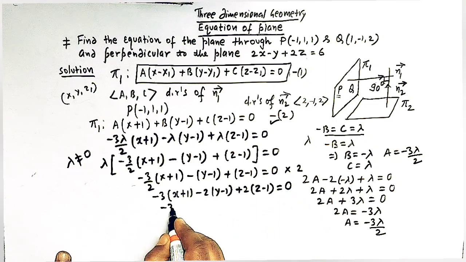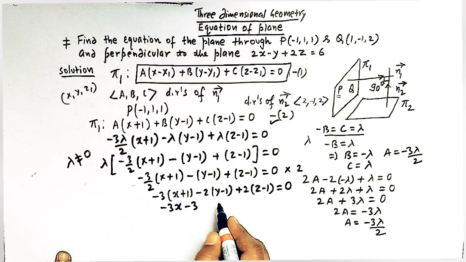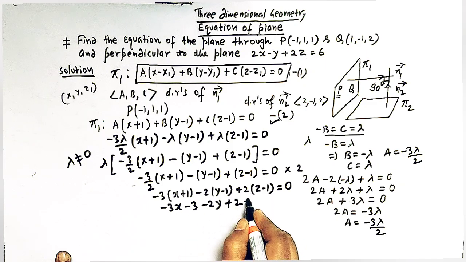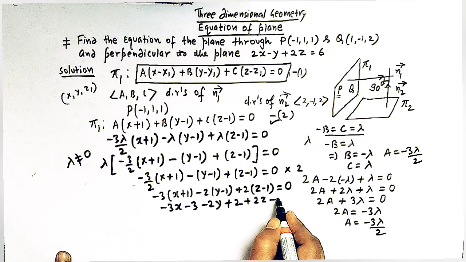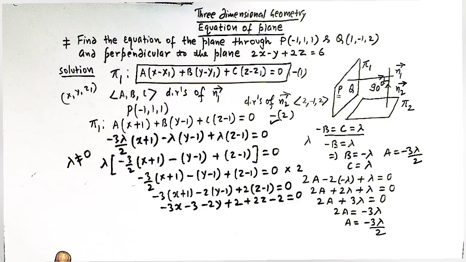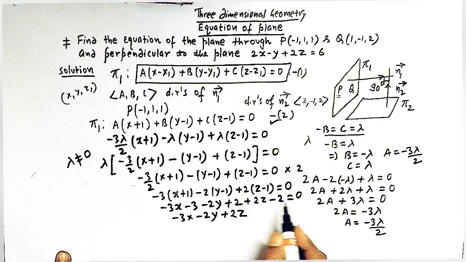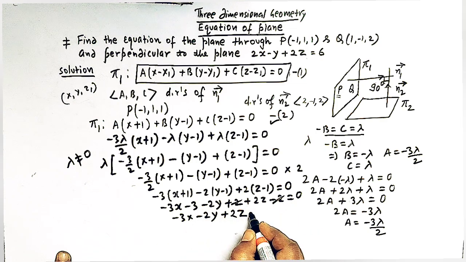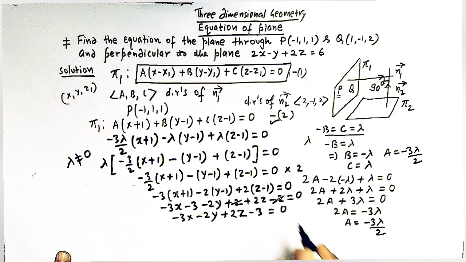So now we have minus 3x minus 3 minus 2y plus 2, and then we have 2z minus 2 is equal to 0. So let us simplify. So we have minus 3x minus 2y, and then we have 2z, and here this 2 and this 2 get cancelled, and we have minus 3 is equal to 0.